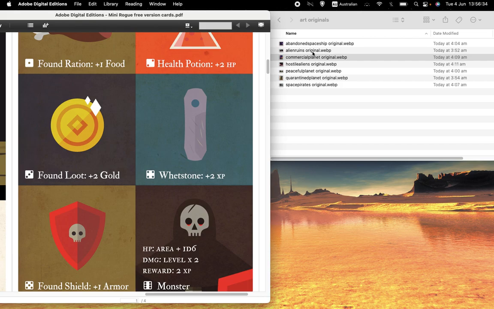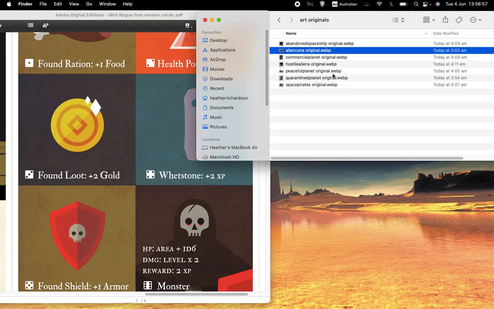So the idea is that there's what used to be an alien city or something, and it might have useful technology that you can find and sell, but also you might uncover, perhaps they've left some robots guarding it or something like that. And here is the picture for Alien Ruins.